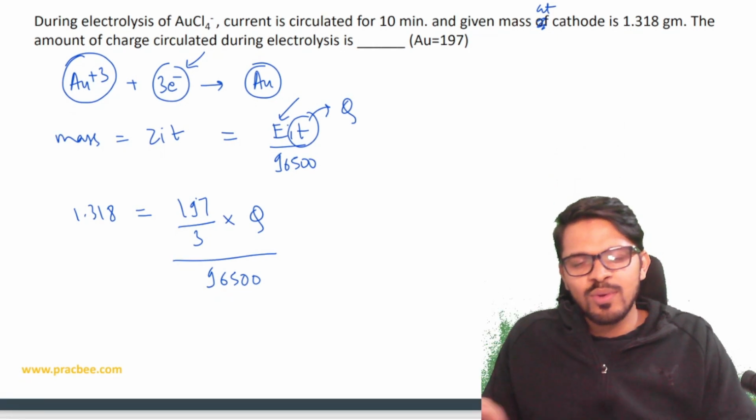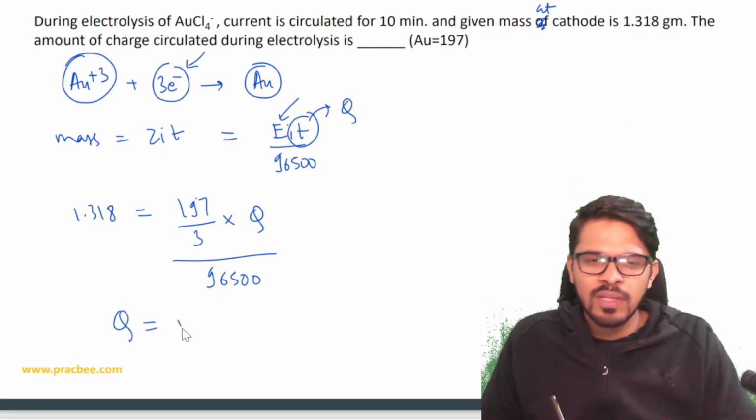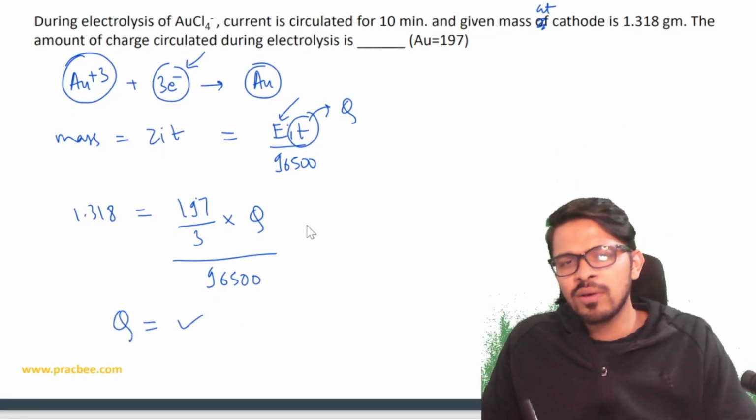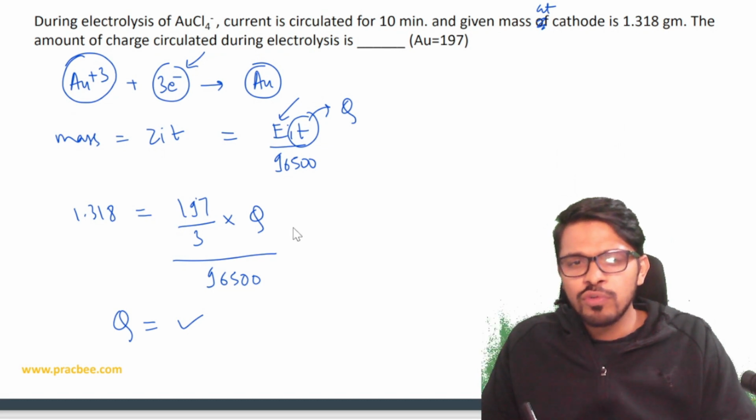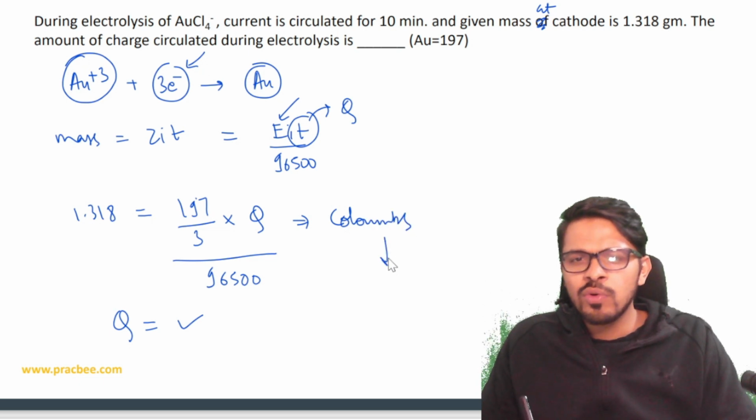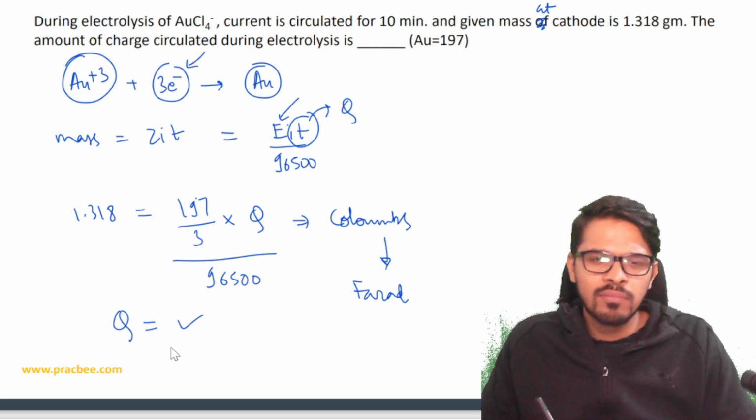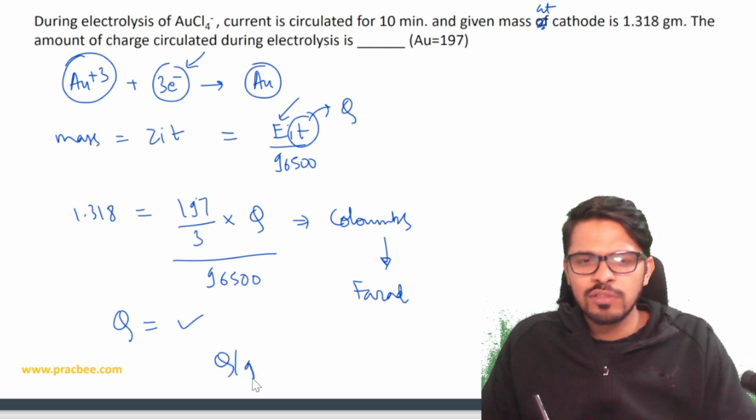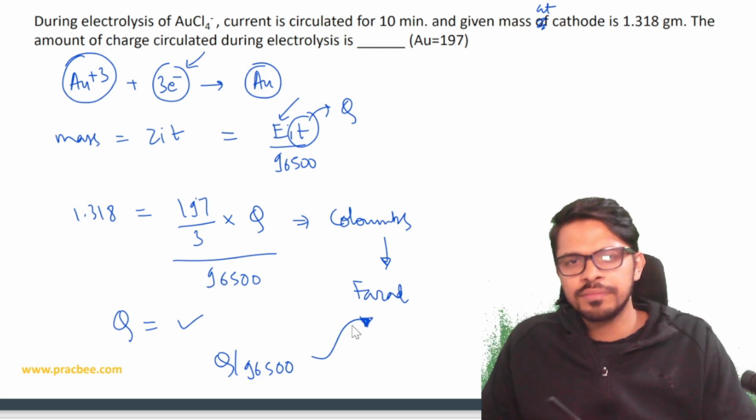Again, you can do calculations on your own. The value of Q you can easily calculate. Through this, the value of Q will come in coulombs. If you want the value in farad, you can divide the answer by 96500. You'll get the answer in farads.